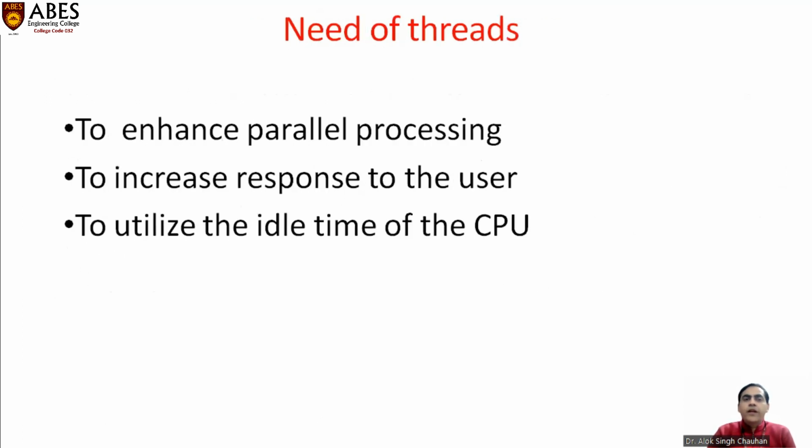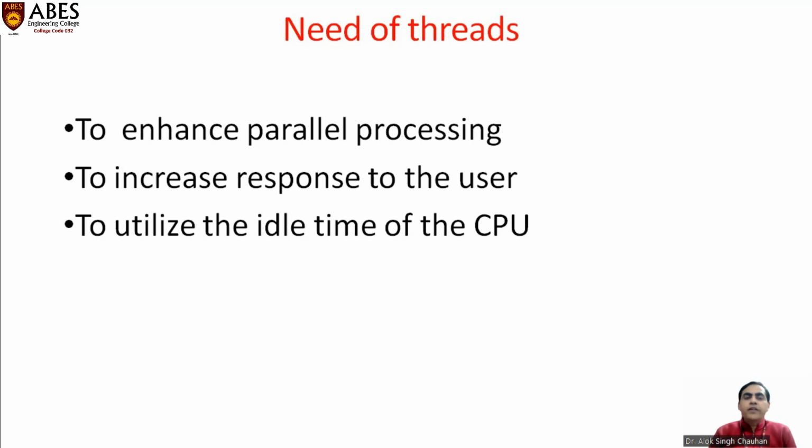Now, why do we need threads? First, by using threads, we can enhance parallel processing. We can execute multiple threads simultaneously in parallel. By using that, we can improve the response to the user because we are executing multiple threads simultaneously, so we can get a quick response.